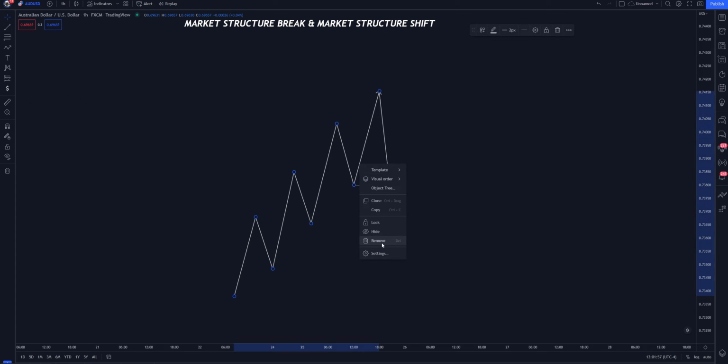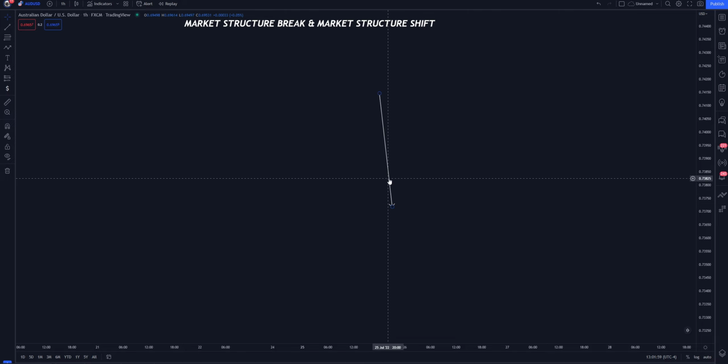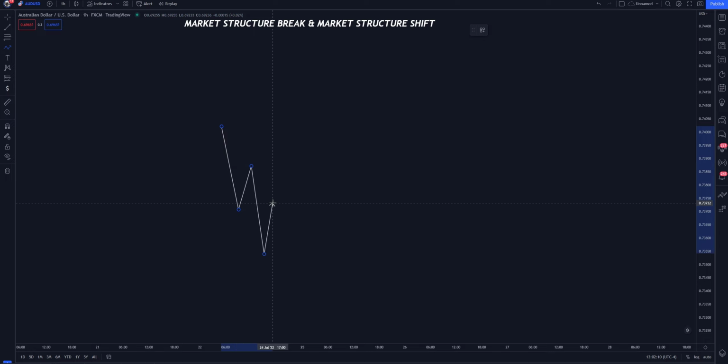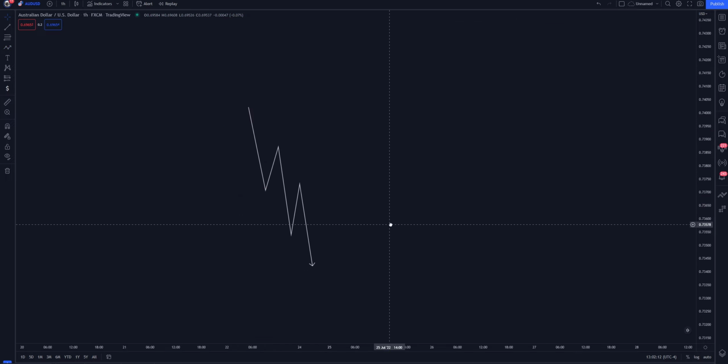Let me give you an example for a bearish to bullish market. So let's suppose that we are in a bearish market. We're continuously making lower low, lower high, lower low, lower high, lower low.